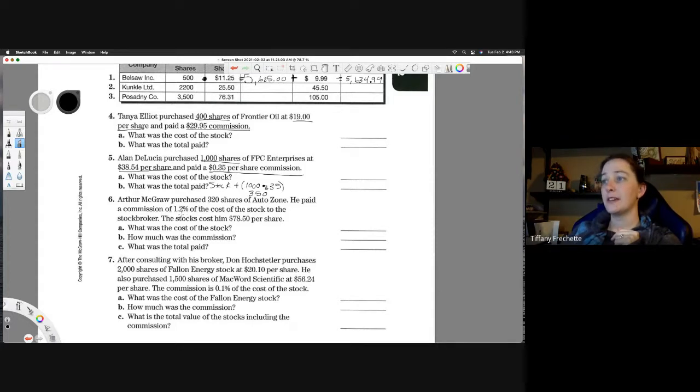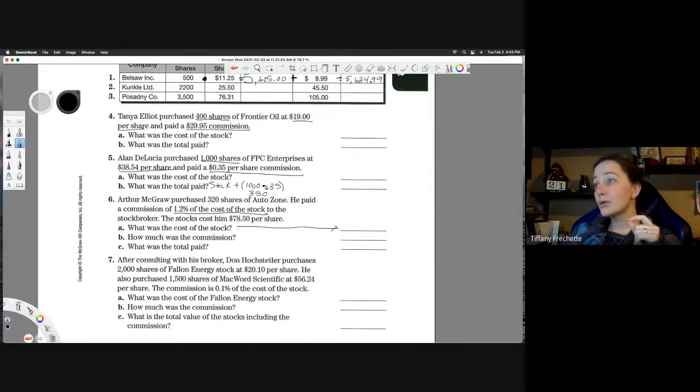So same thing here. It says a commission of 1.25% of the cost of the stock for this one. So for number 6, same idea, but you're going to calculate the cost of the stock right here. We know our number of shares and we know how much it is per share. Remember, it might be a little bit mixed in the problem, but they give you the information you need. So we're going to multiply the two numbers to get the cost of the stock.